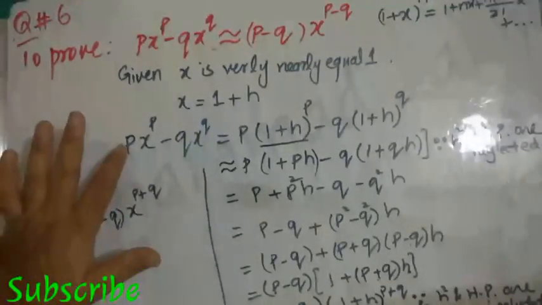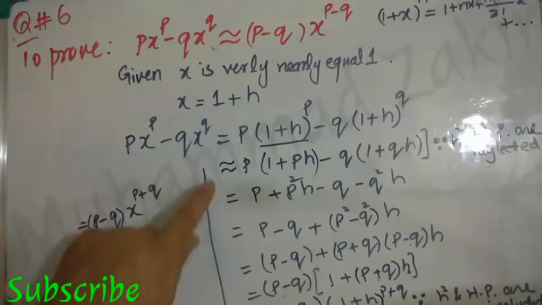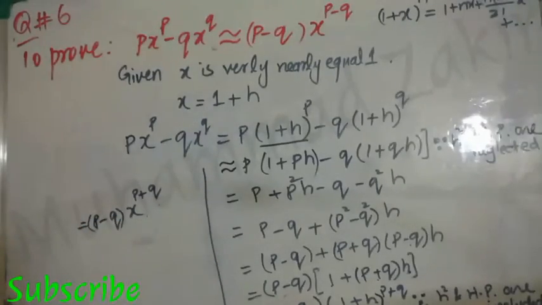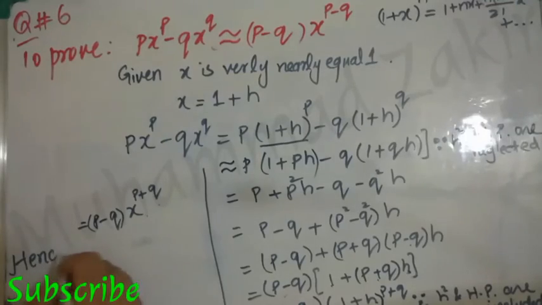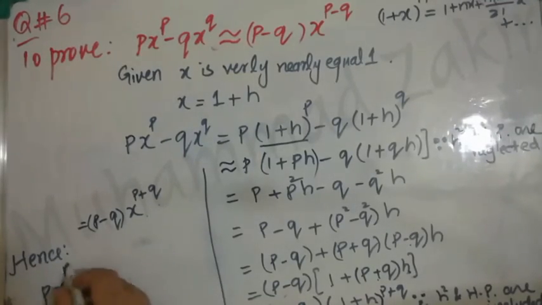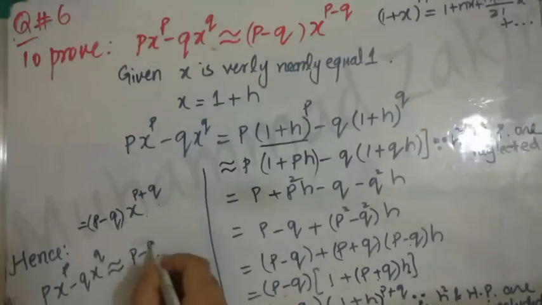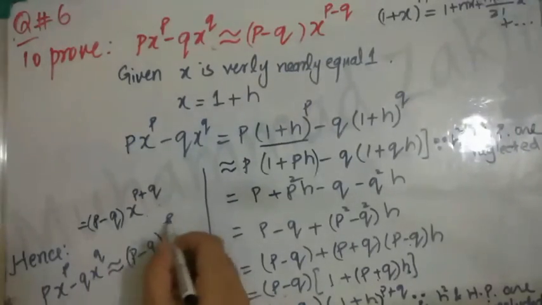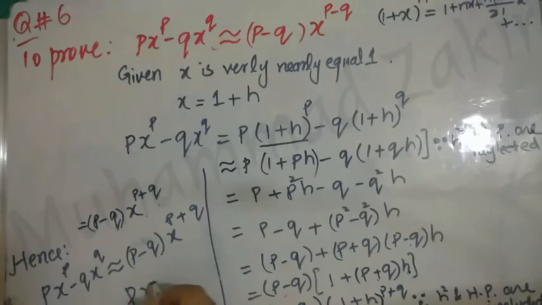And dear students, from left we reached right, but we used approximation signs also, hence we conclude that this very important question ended here. Px^p minus qx^q is approximately equal to p minus q times x power p plus q, proved. So this is a very important question.